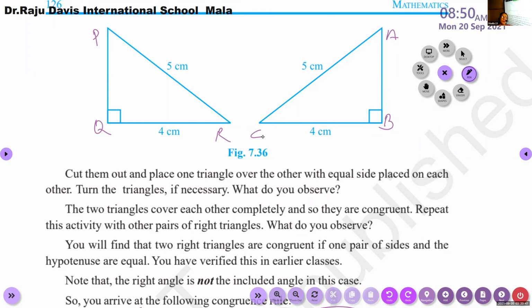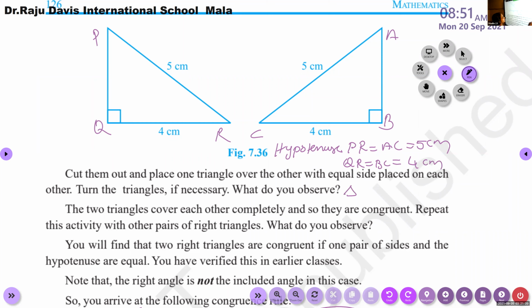RHS congruence rule is only for right triangles. For that, the hypotenuse and any one of the sides must be equal. Then the two right triangles are congruent. Here we have hypotenuse PR equal to AC equal to 5 centimeter, and one more side QR equal to BC equal to 4 centimeter.